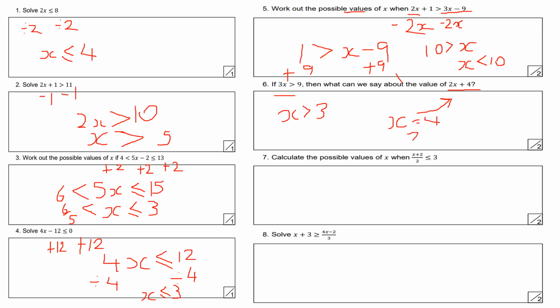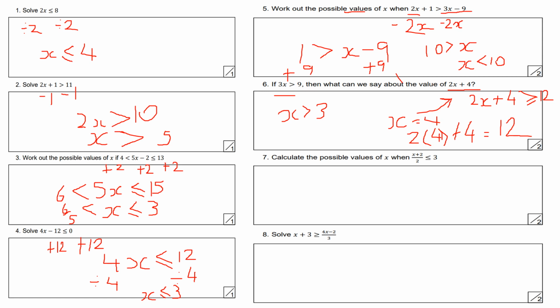I'm going to have 2 lots of 4 plus 4, so 2 times 4 is 8, and 8 plus 4 is 12. So the value of 2x plus 4, as a minimum, has to be greater than or equal to 12 for the integer side.